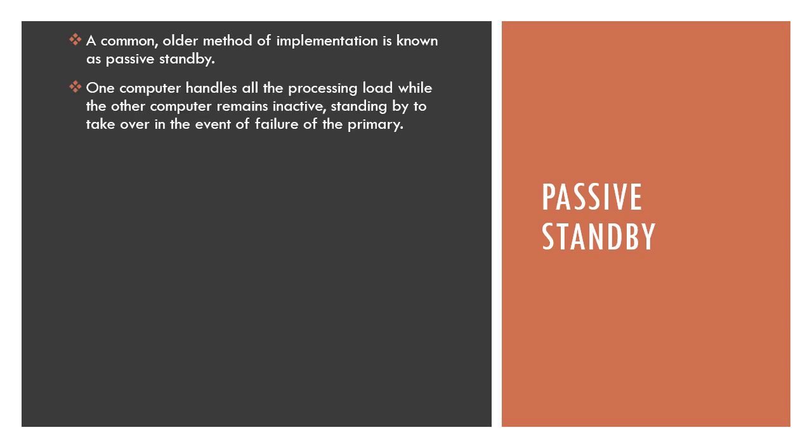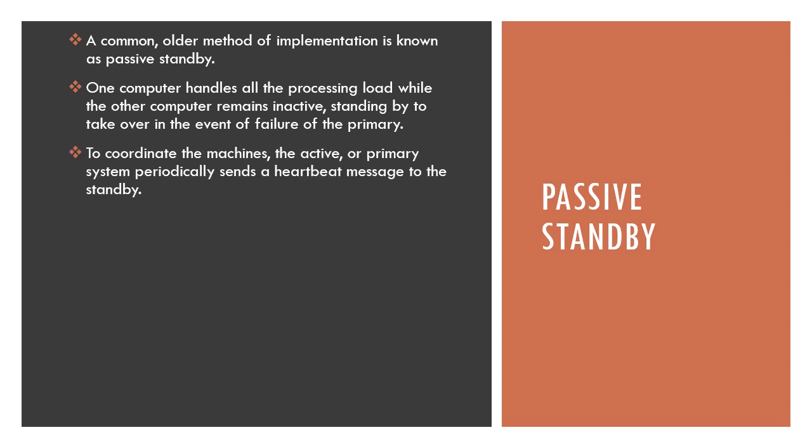Passive standby. A common older method of implementation is known as passive standby. One computer handles all the processing load, while the other computer remains inactive, standing by to take over in the event of failure of the primary.